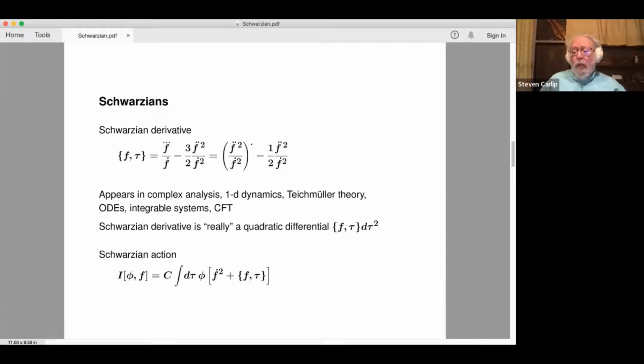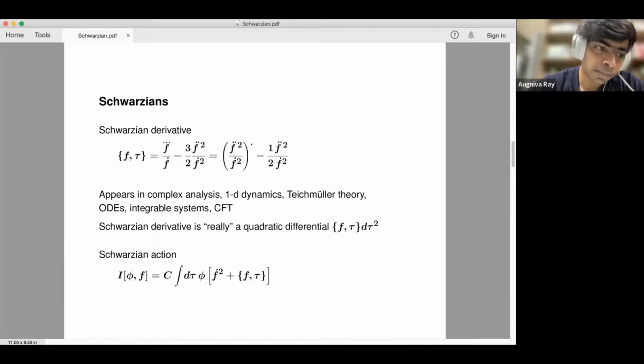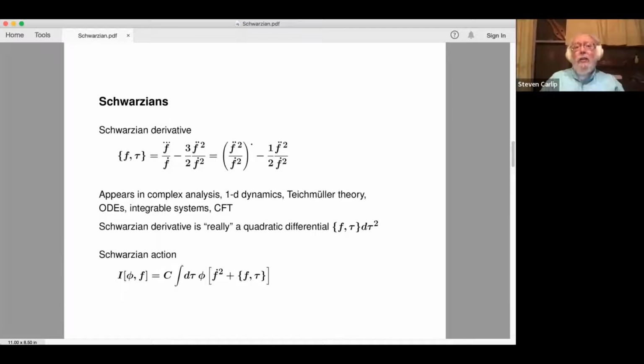And so you can regulate them by putting a new boundary just inside the conformally compactified boundary. Okay, thank you. And then this new boundary has an arbitrary shape.